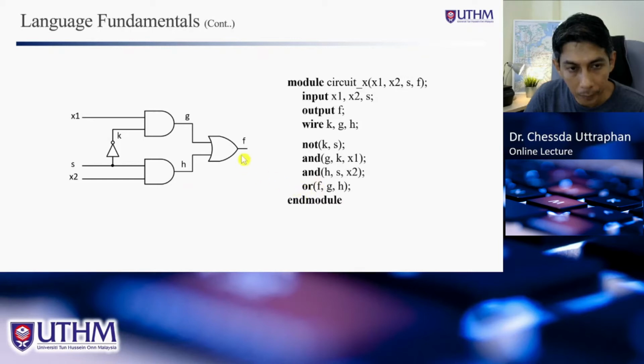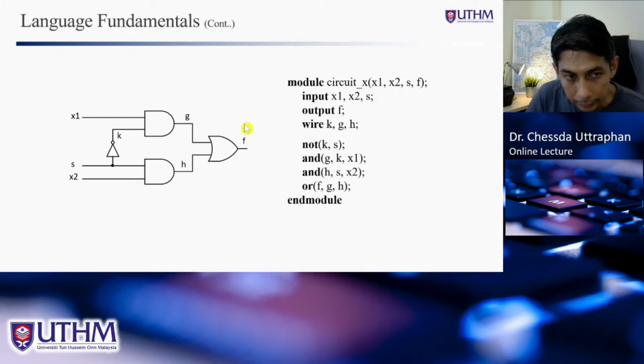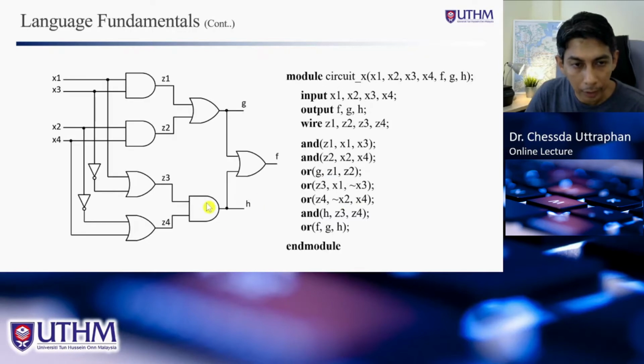The output is F, and the input is G and H. This will represent this circuit. So when we want to design this in hardware, this is one of the ways. We have many ways; later on we will see.